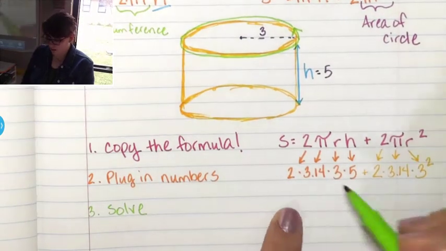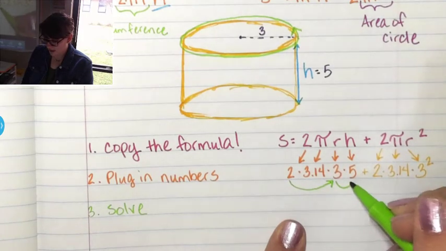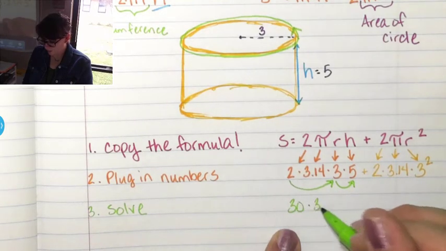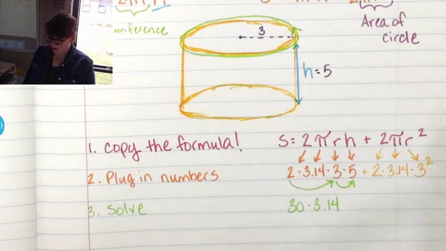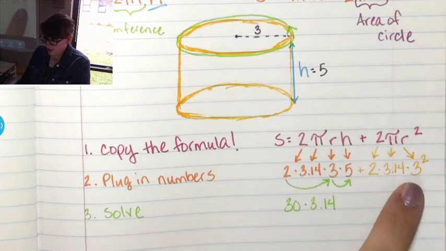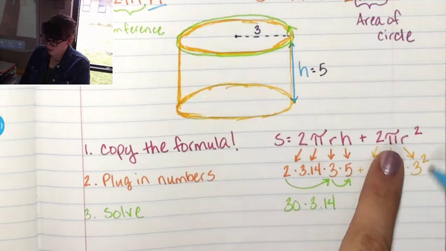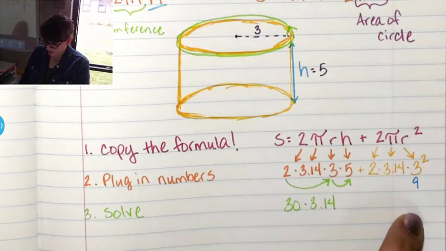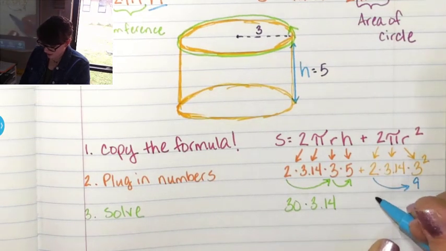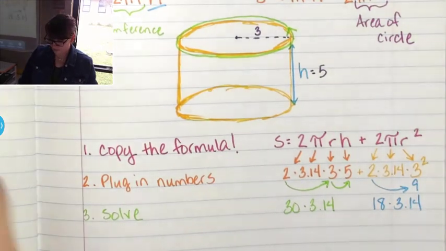So for me, 2 times 3 is 6, and then 6 times 5 is 30, so that's 30 times 3.14. And then over here, same idea. First I have to do 3 times 3. 3 times 3 is 9. You got to do that first. Then 2 times 9. So I have to do 18 times 3.14. And I'm adding these together.